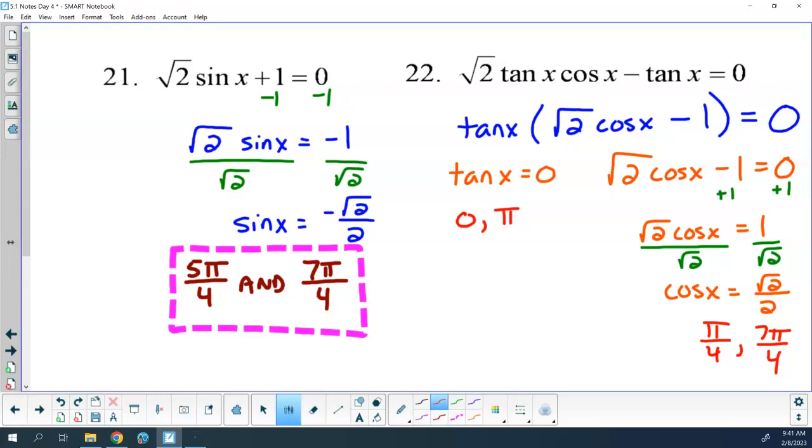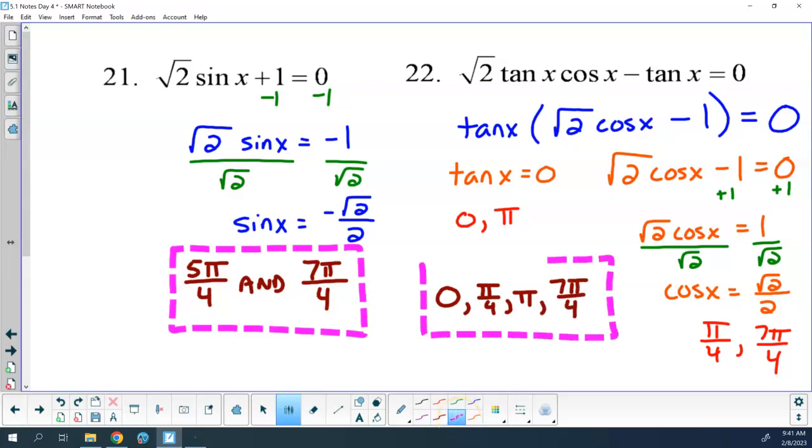So this particular one has 4 answers. In all 4 of those angles, that is a true statement.